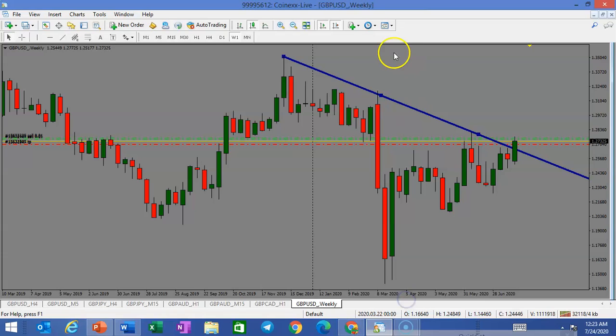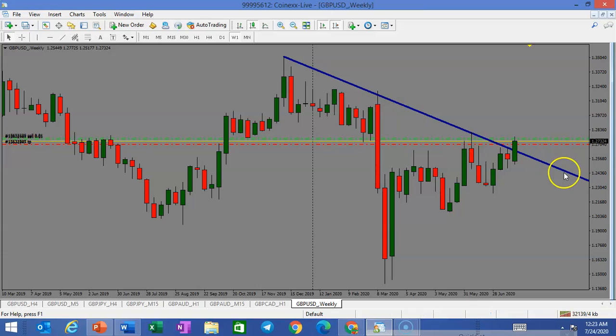I never include that when drawing my trend line, and I try to get as many wicks as possible because this is the weekly. I'm merely trying to establish a trend and create a bias for where I believe price action is headed.